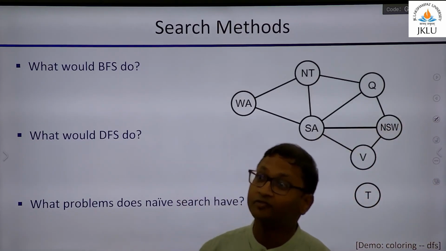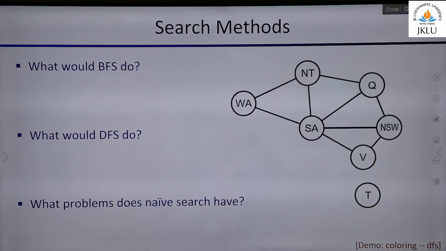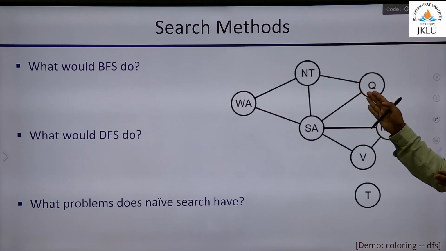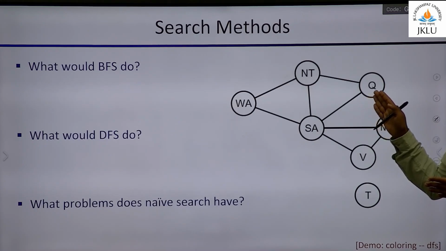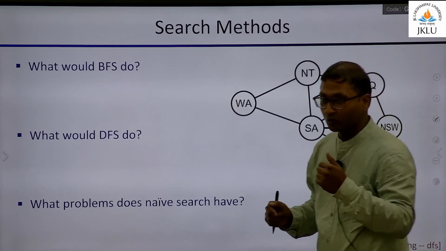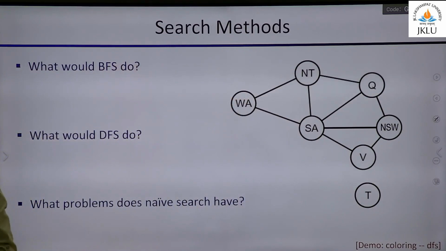What is my problem at hand? You have to assign a full color assignment, right? So this is my start state when nobody is colored. Okay? What will be the next level of states? One colored.